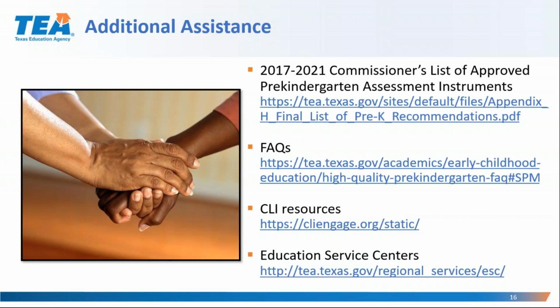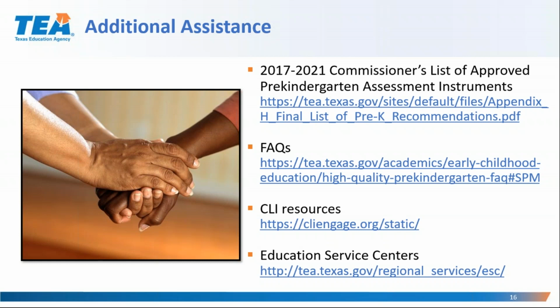This slide shows some additional assistance. There is a link there to the 2017-2021 Commissioner's List. There is a link to some frequently asked questions that are specific to student progress monitoring. There is a link there to the Children's Learning Institute.